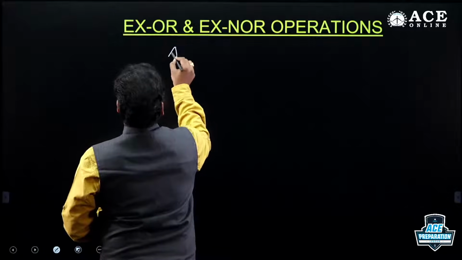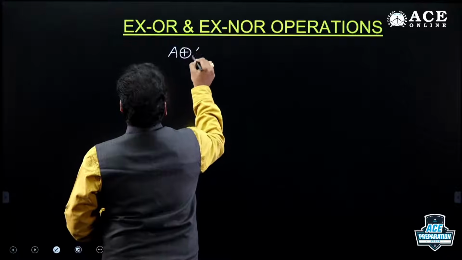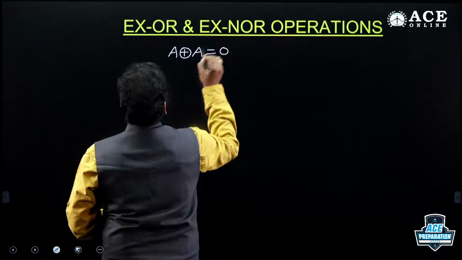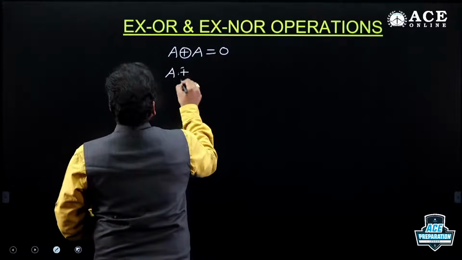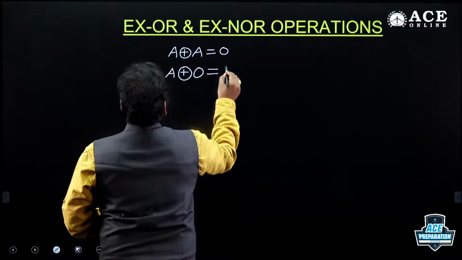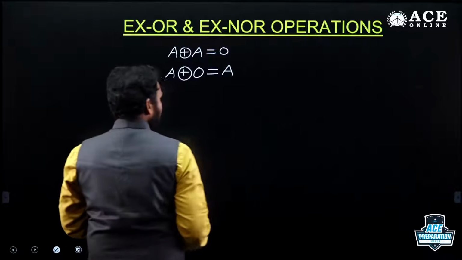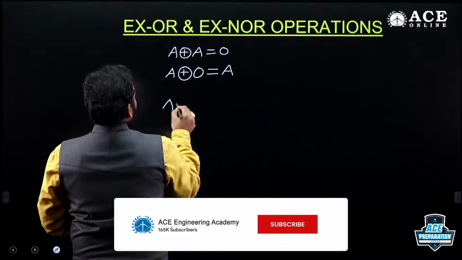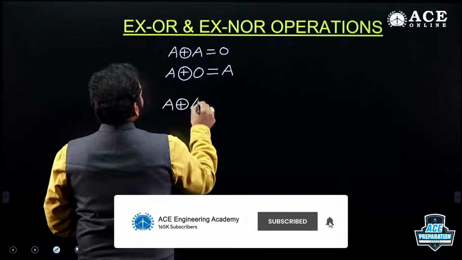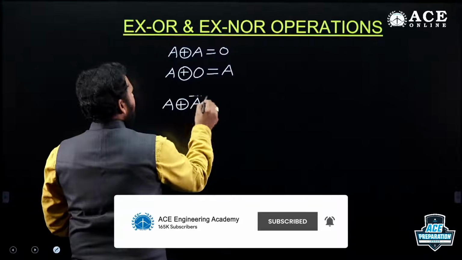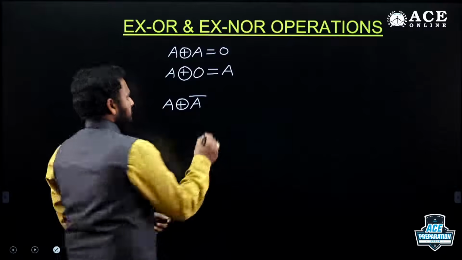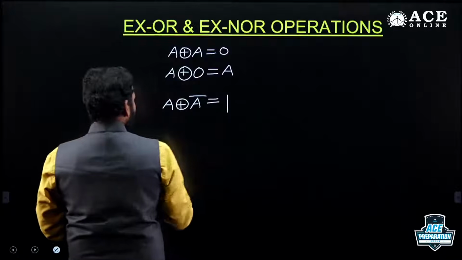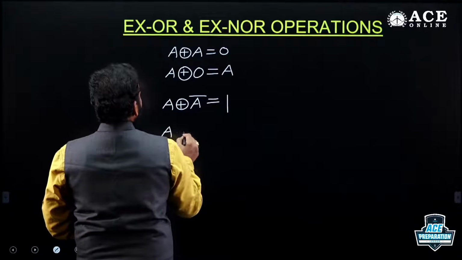If inputs are same in XOR gate, what is the output? Do you remember? 0. A XOR A is 0. A XOR 0, if one input is 0, acting as buffer. If inputs are complemented, that means one input A, next input A bar, one input 0, next input 1, one input K, next input K bar, what is the output? 1. Do you remember this?